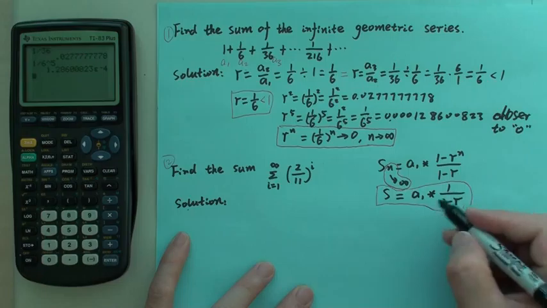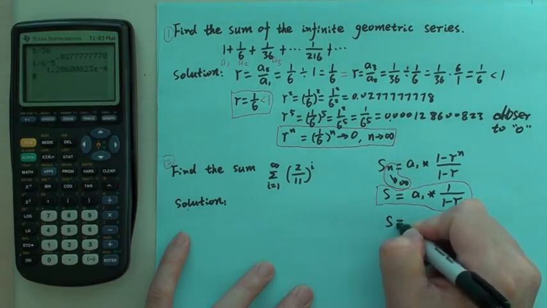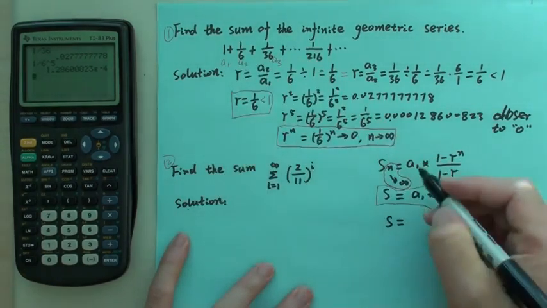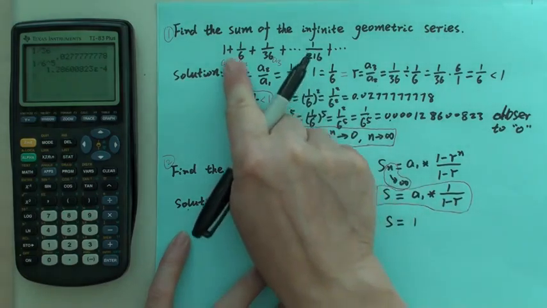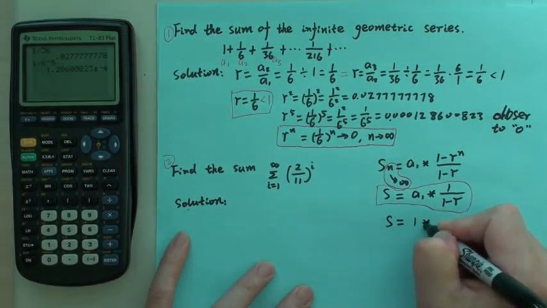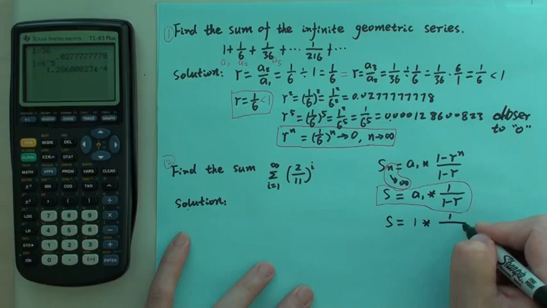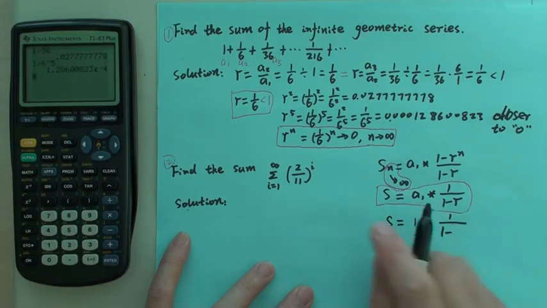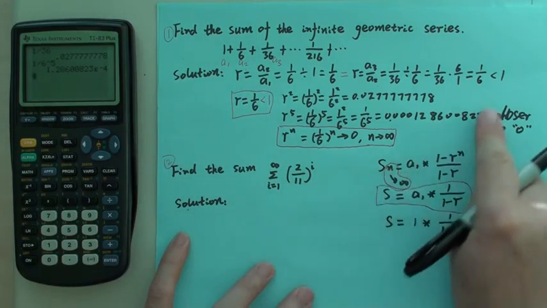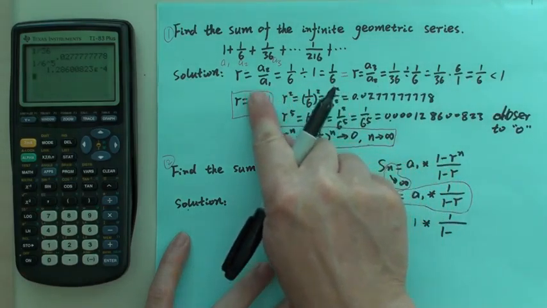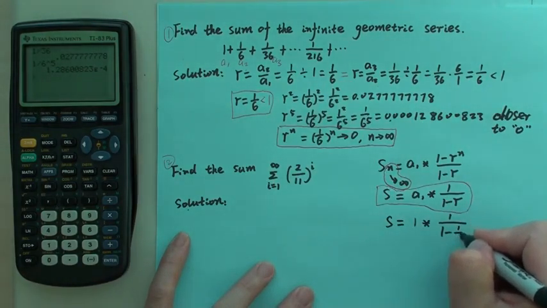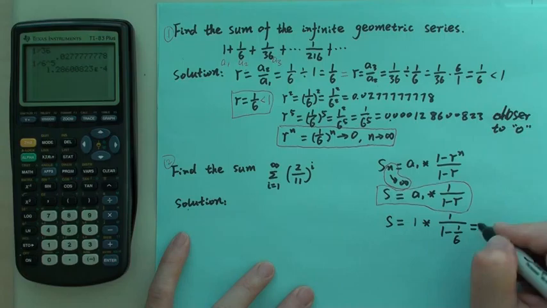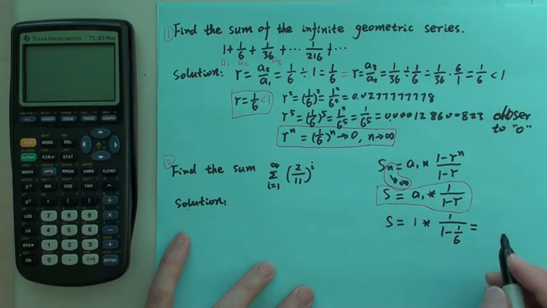So down here, what do we know? Our first term a1 is 1, times 1 over 1 minus r. What is r? It's 1/6. Well, 1 times anything is that thing.